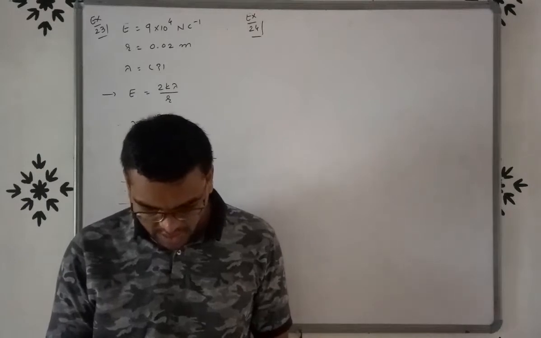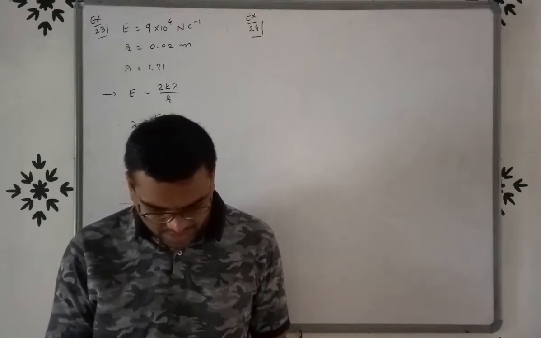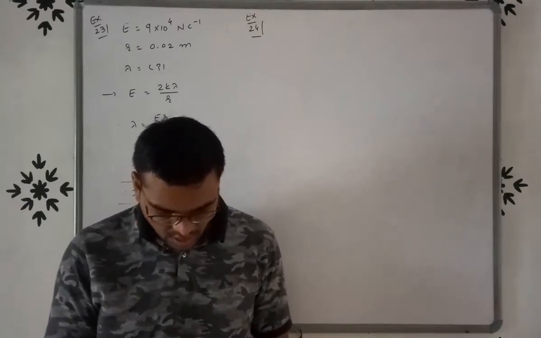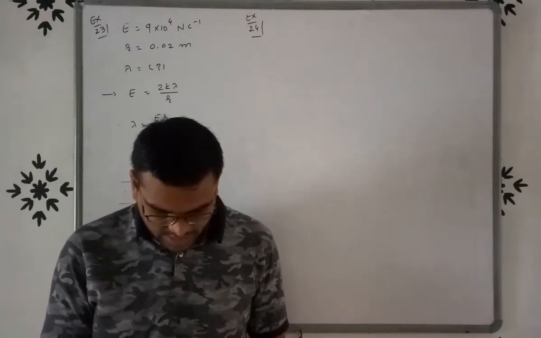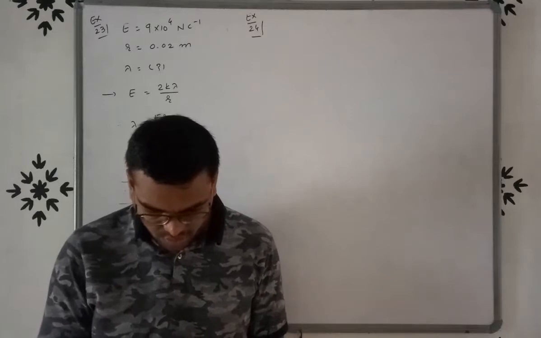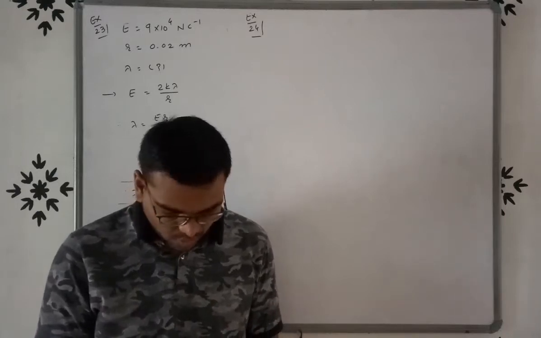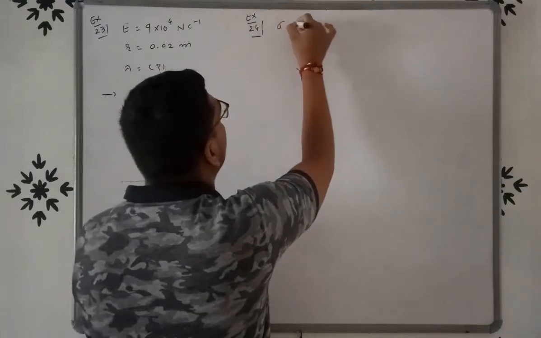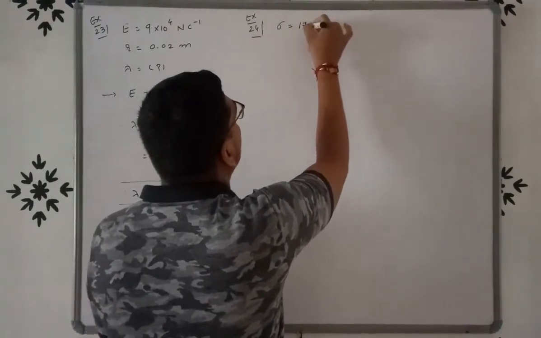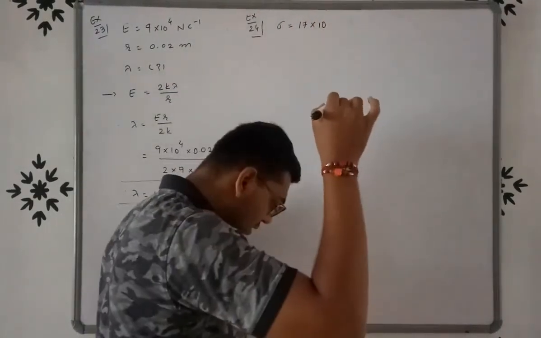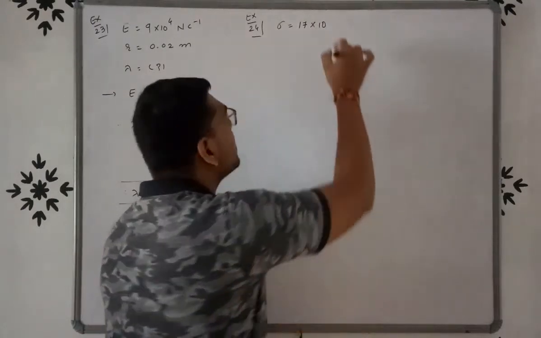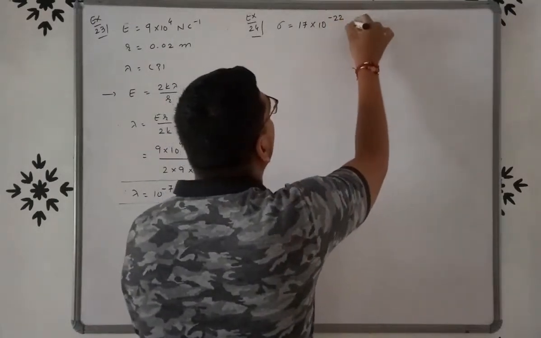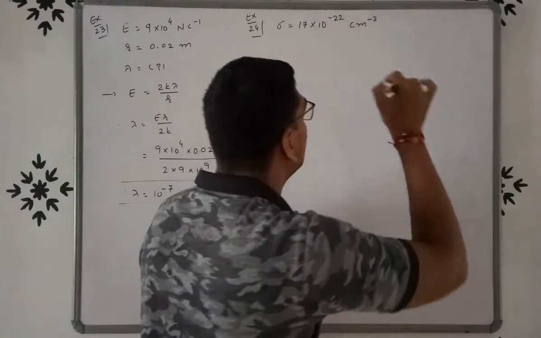On their inner faces, the plates have surface charge density of opposite signs and of magnitude 17 into 10 raised to minus 22. So here surface charge density sigma is equal to 17 into 10 raised to minus 22 coulomb per meter square.